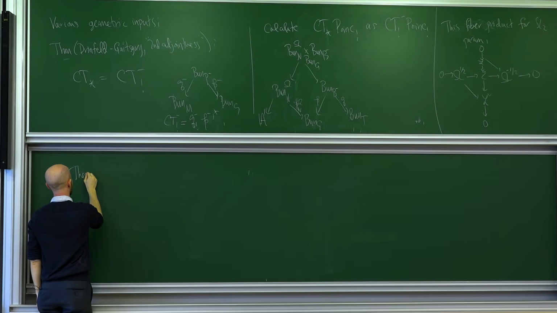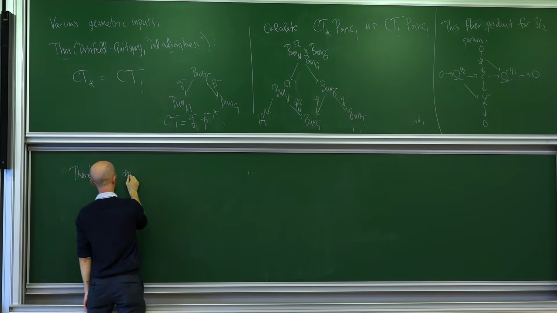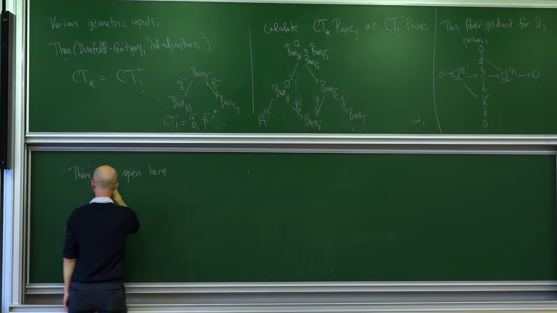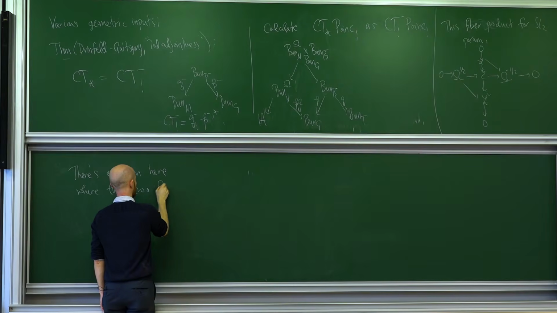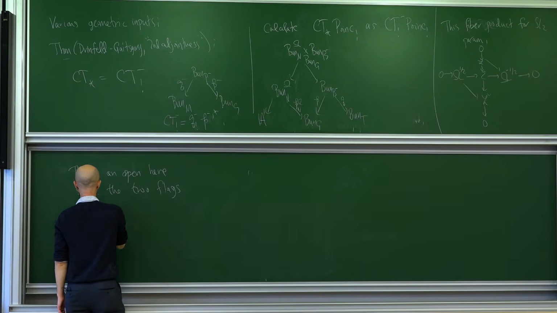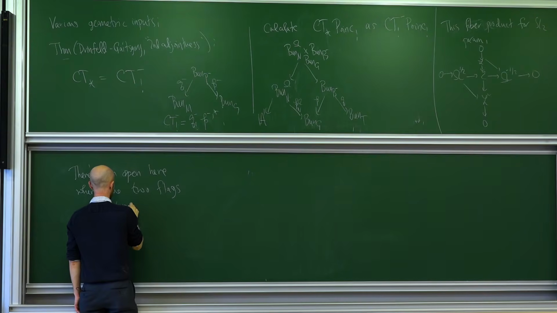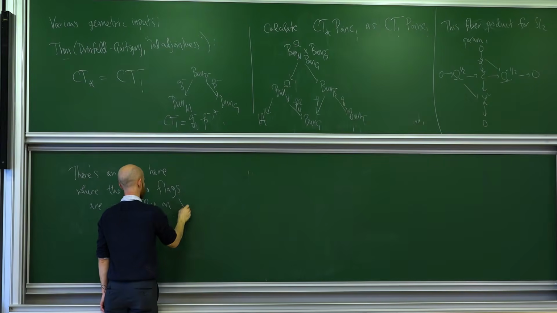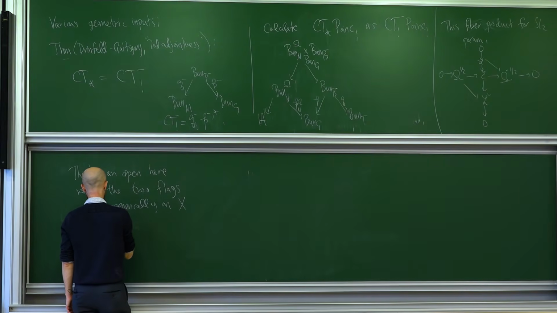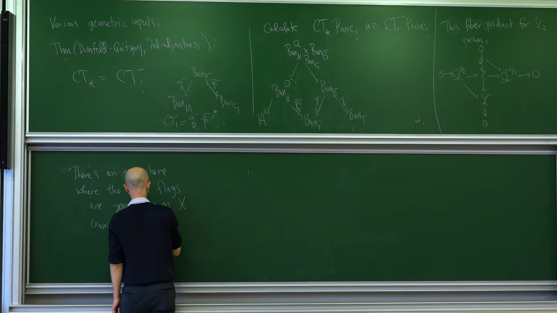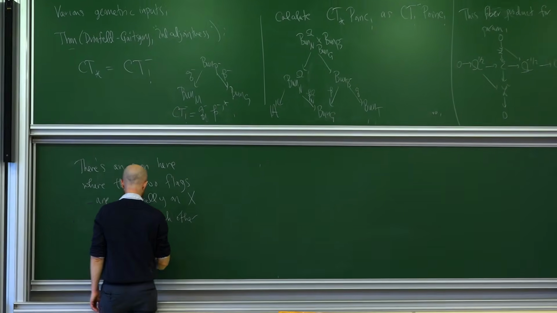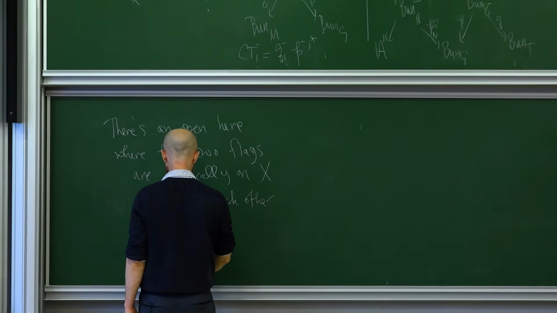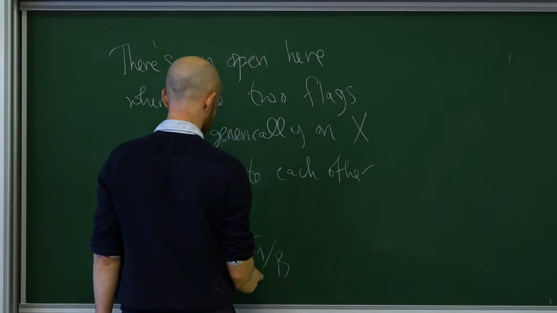So there's an open inside of here where the two flags are generically on X transverse to each other. So this is like saying there's this map from X to G mod B mod N, twisted by some omega, maybe.